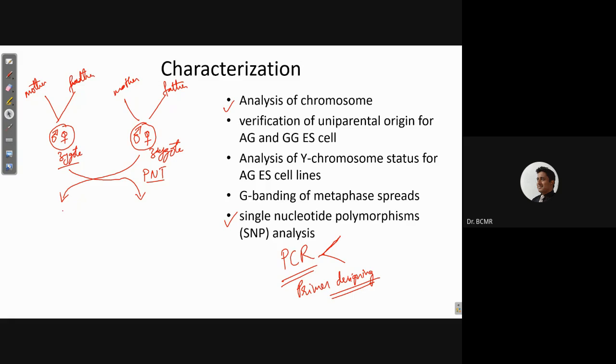So our idea is eventually to get one AG, that is an androgenetic zygote, and one GG, a gynogenetic zygote, right? Sorry, I made a mistake here. Let me correct it. If there are mistakes, please correct me. These are two female pronuclei, so it is the gynogenetic one.